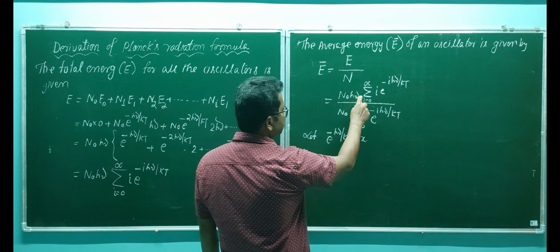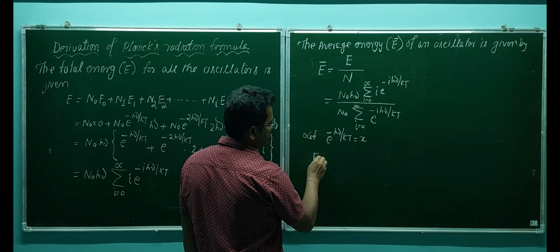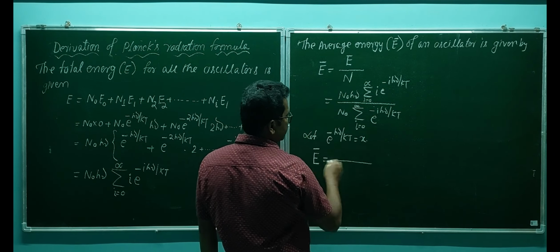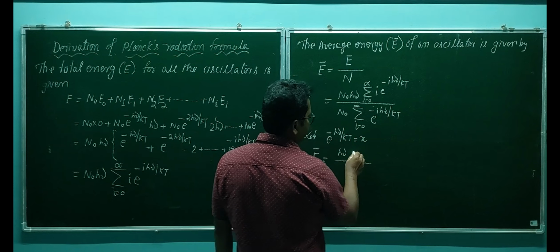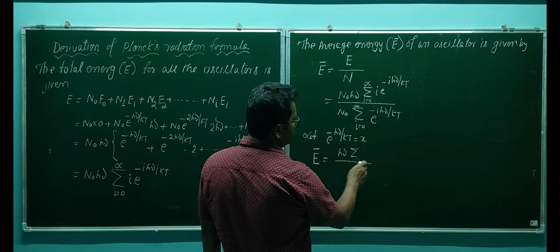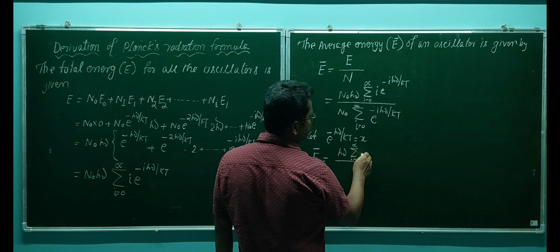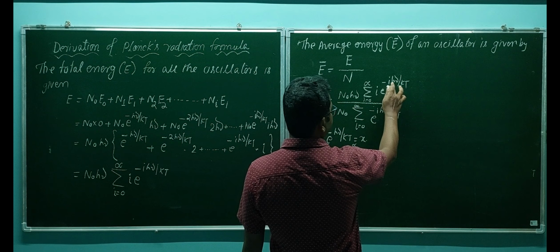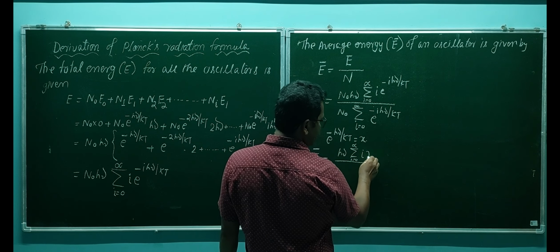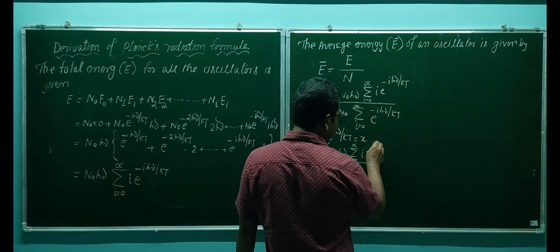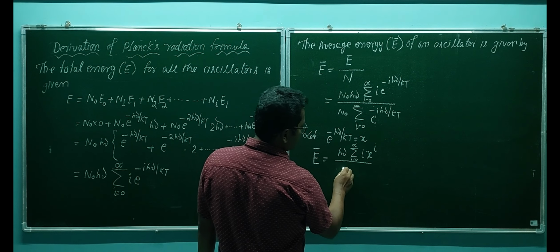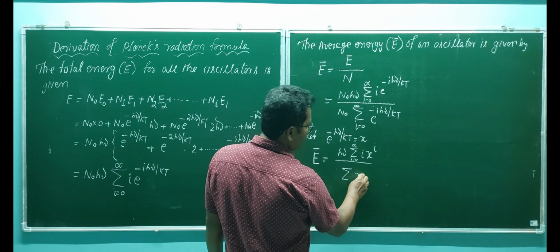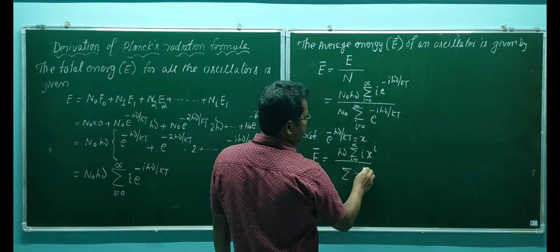Therefore this equation becomes E bar equal to n naught, cancel h nu, summation i equal to 0 to infinity i e to the power minus i, this is x to the power i, and below summation of x to the power only i.